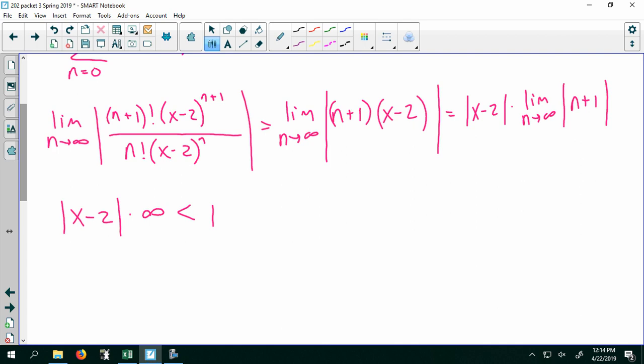There's no way that can be less than 1 unless this term of my product is 0. So this can only happen if x minus 2 equals 0. Multiply that by anything. If this number is anything other than 0, multiply by a limit going to infinity, you're never going to be less than 1.